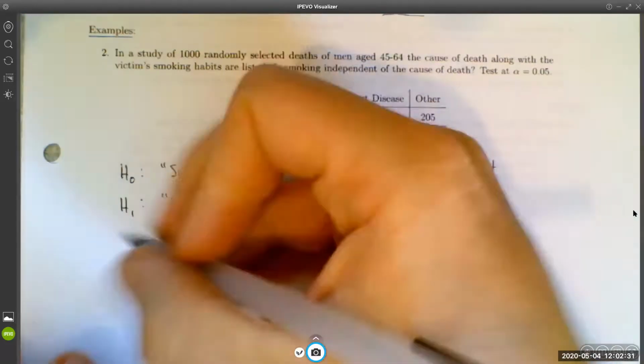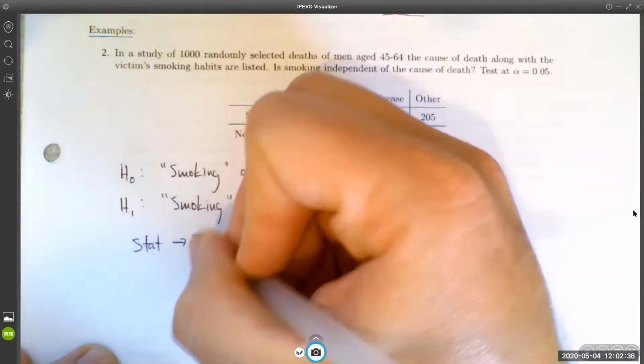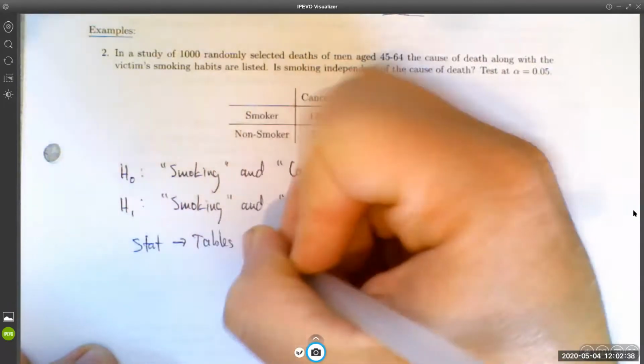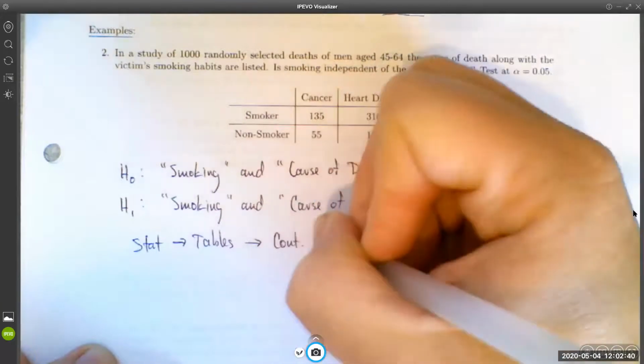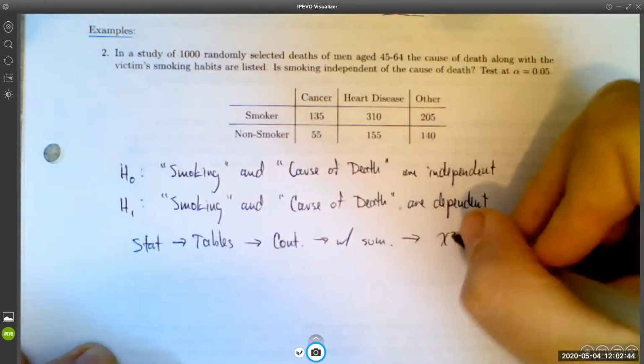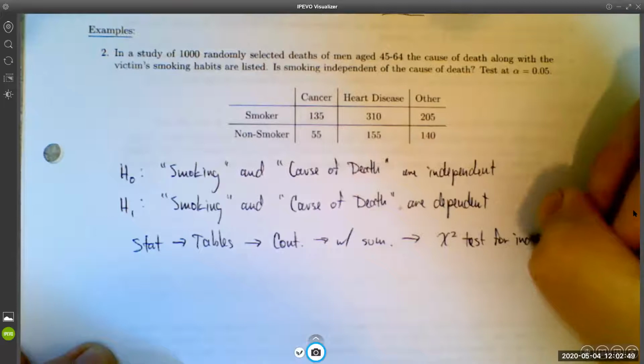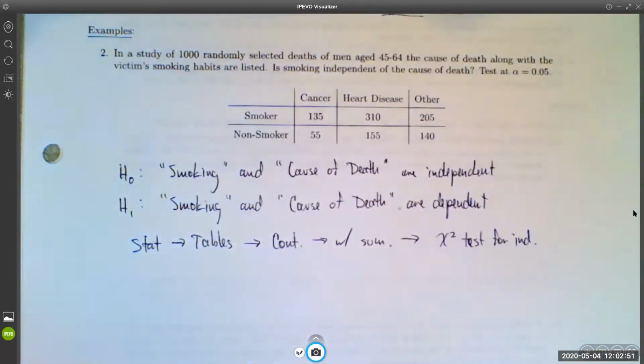All right, we're going to go to stat, tables, contingency with summary, and we want to run the chi-square test for independence. Right, that's exactly what we're trying to test for. Okay, let's see what we get.